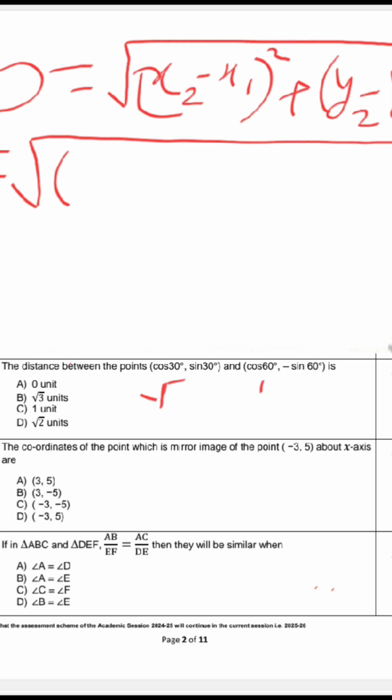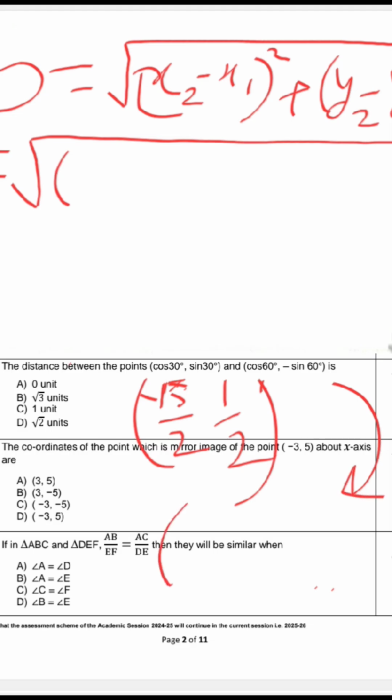So this is your point, root 3 by 2, and the next point is sin 30, which is 1 by 2. And here cos 60 value is 1 by 2, comma minus sin 60 value is root 3 by 2, so minus root 3 by 2.